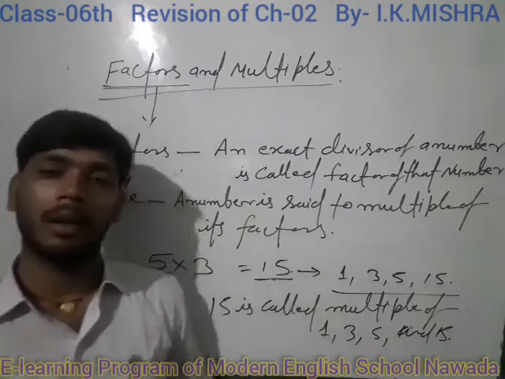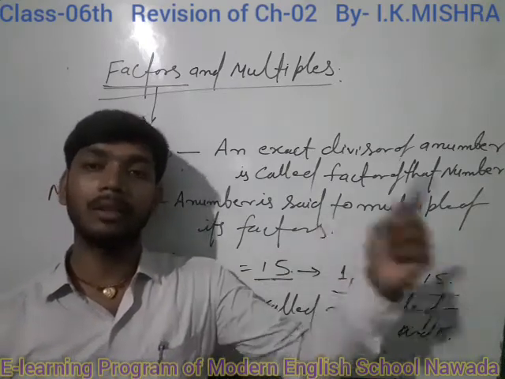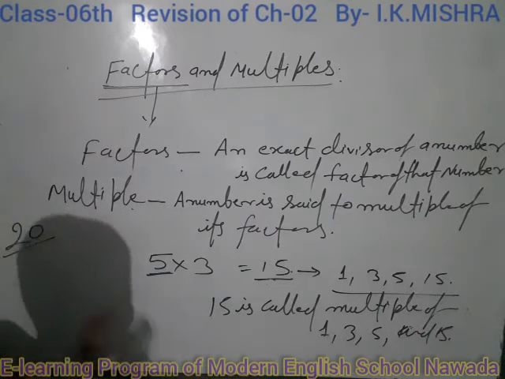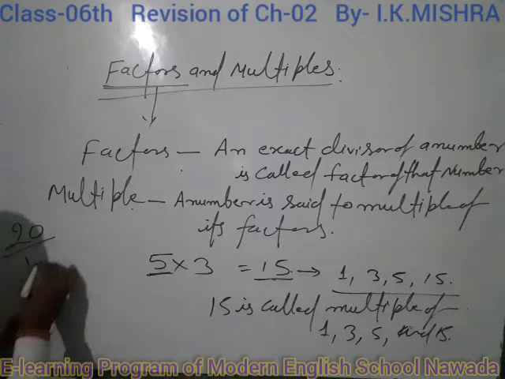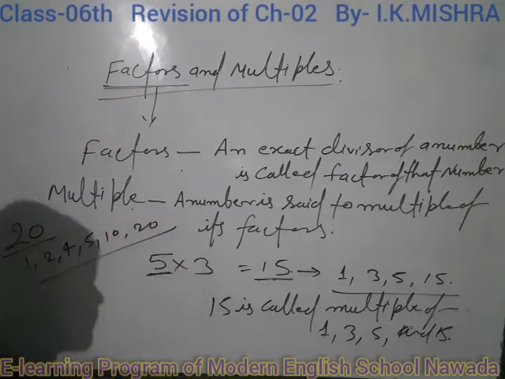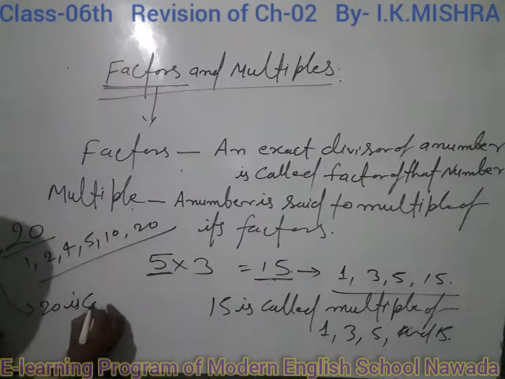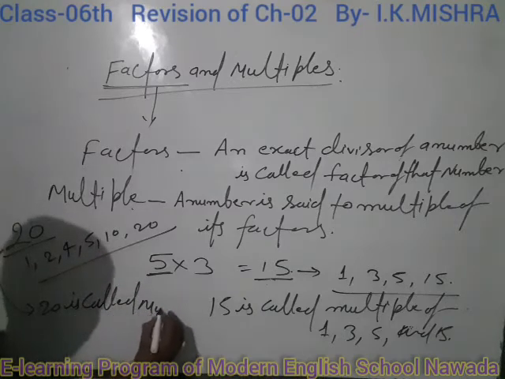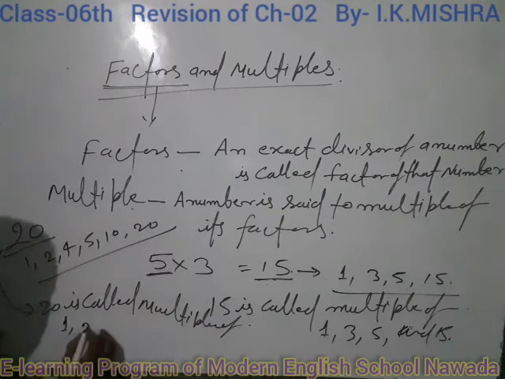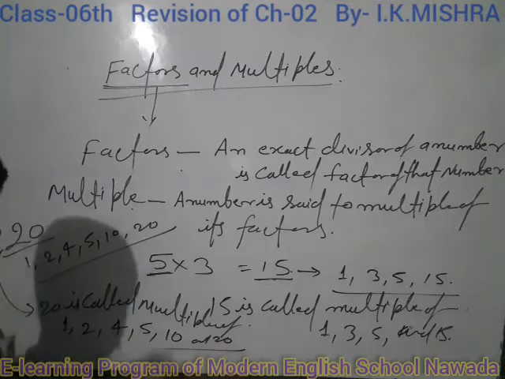Similarly students, any number is a multiple of its factors. Suppose you write 20, and you know 20 is divisible by 1, 2, 4, 5, 10 and 20. So here 20 is called a multiple of 1, 2, 4, 5, 10 and 20.